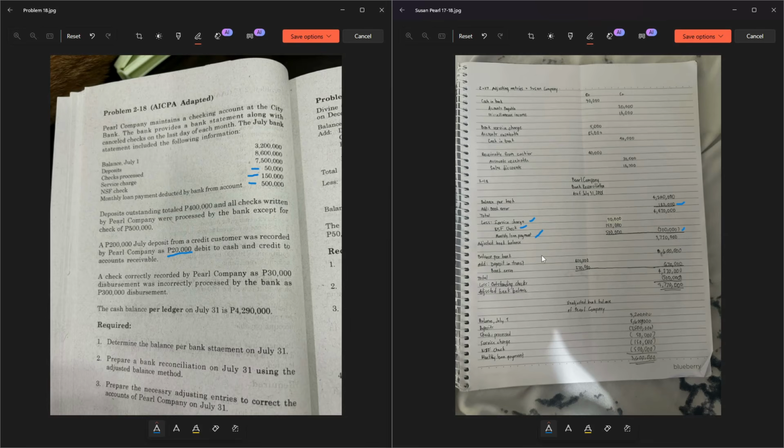Next, for the balance per bank, the unadjusted balance per bank is 3,600,000. Then the deposit in transit is 400,000.